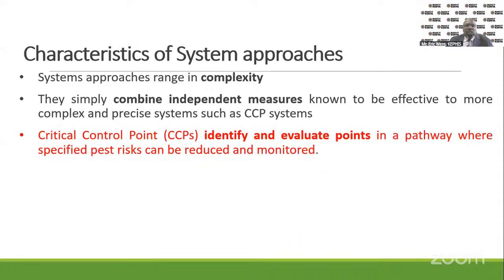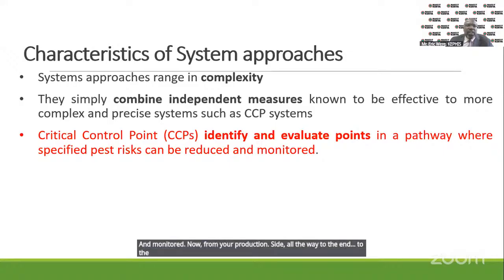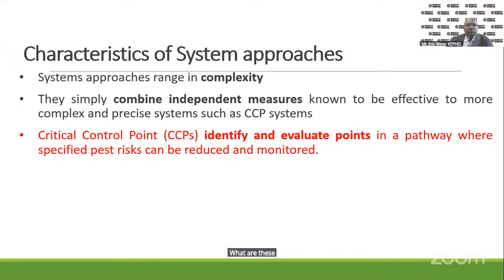Now, critical control points will identify and evaluate points in a pathway where specific risk can be reduced and monitored. Now, from your production site all the way to the exit point, what are these critical points that you've identified that you need to take action on?